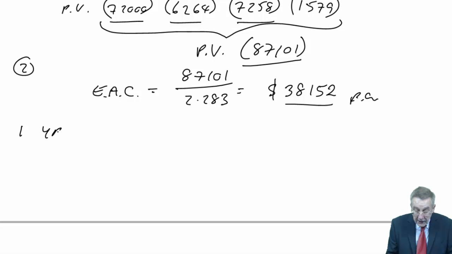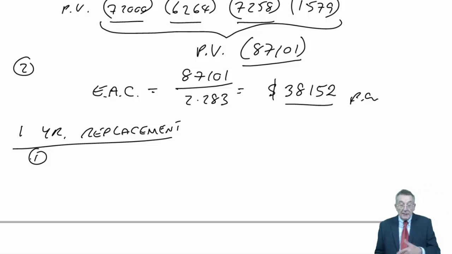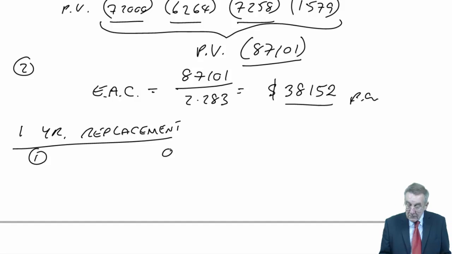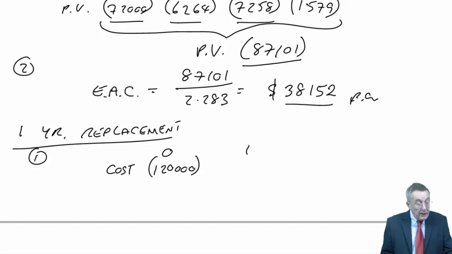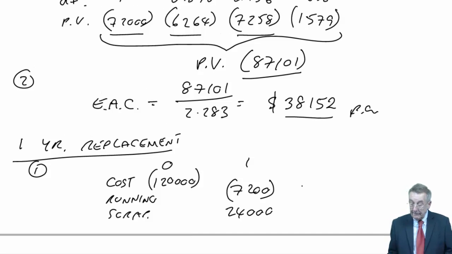So before we compare and decide, we've done 2-year, 3-year. Finally, let's do 1-year replacement. Exactly the same idea. Step one, present value of the first cycle. The cost is 120. The running costs are 7,200. And the sale proceeds 24,000.